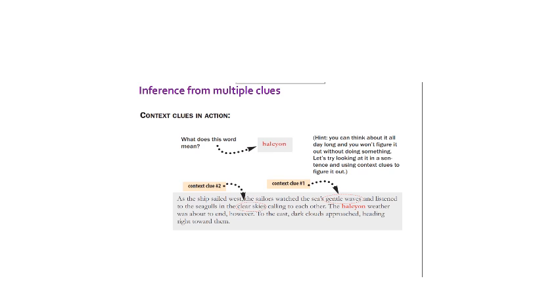Also, there's a contrast clue here. It says it's going to end, however, and then the opposite, when it changes, it will be dark clouds, and that would be bad weather. So we're thinking that halcyon is good or gentle or clear or peaceful, something like that.